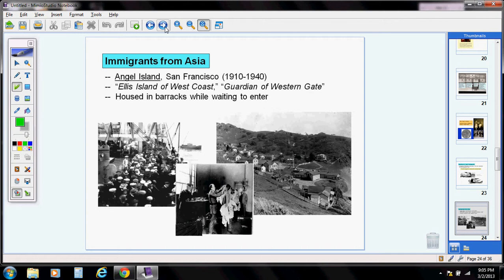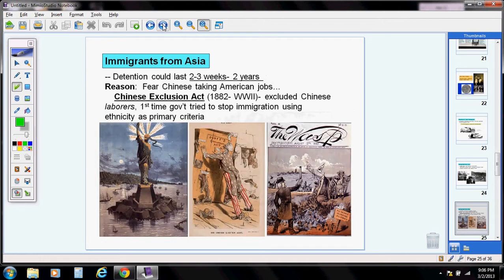This was in San Francisco, sometimes called the Ellis Island of the West Coast, or the Guardian of the Western Gate, which implies again that they wanted to check out the immigrants to guard against anyone they didn't want coming in. This one was a little bit different than Ellis Island in that it was an old military barracks, and so they were housed in military barracks while waiting to enter the country, while going through physical and mental inspections.